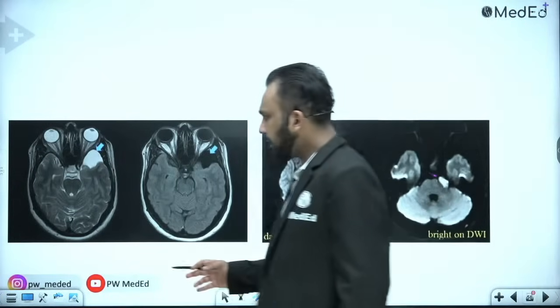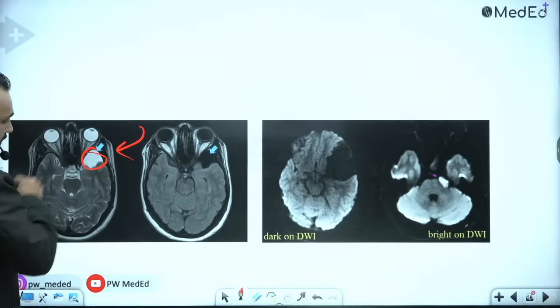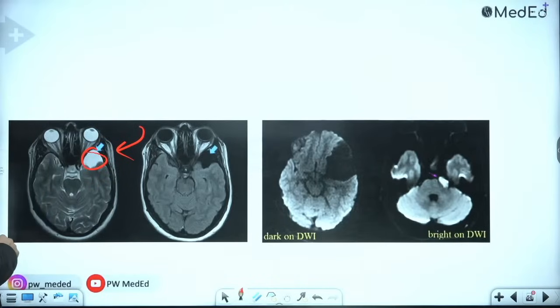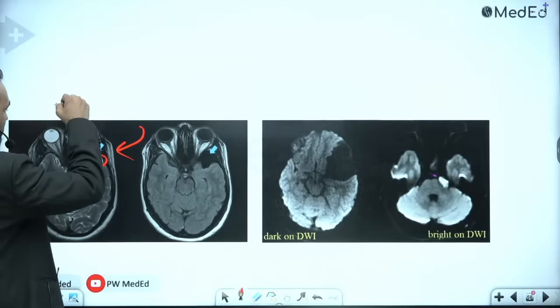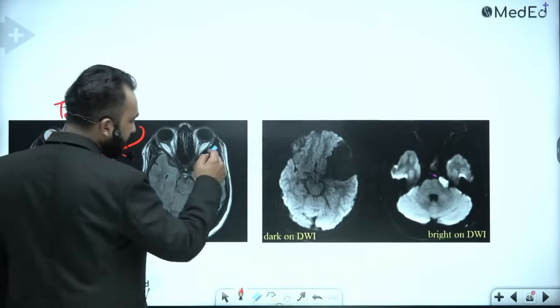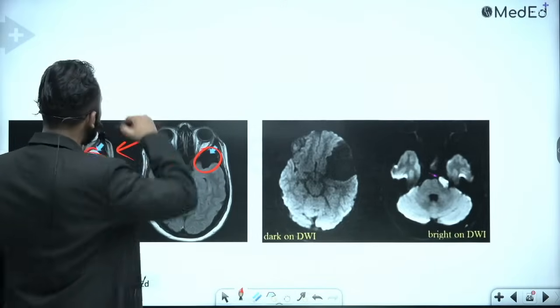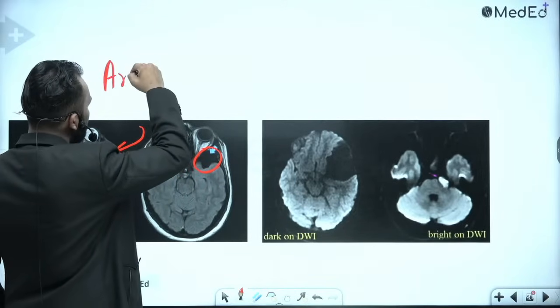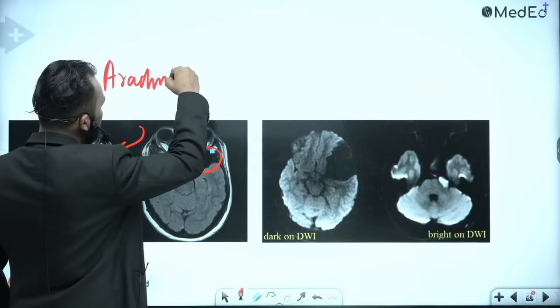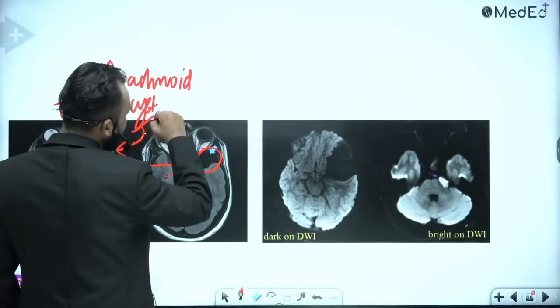So here again we can see that there is a cystic lesion anterior to the temporal lobe, that is T2 hyperintense, and on the corresponding FLAIR images it is showing suppression. So this is a case of arachnoid cyst. We should know how to differentiate an arachnoid cyst from an epidermoid cyst.